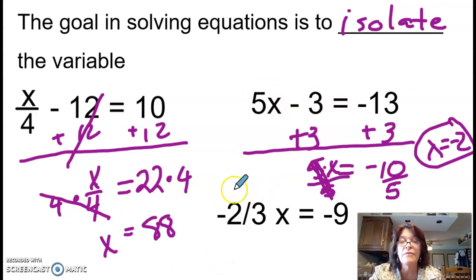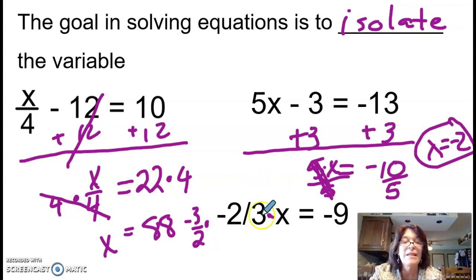Okay, and again, people get confused when there's fractions sometimes. This is negative 2/3 multiplied by x. So to undo multiplication, I'm going to divide by negative 2/3. However, dividing by negative 2/3 is the same as multiplying by negative 3/2.